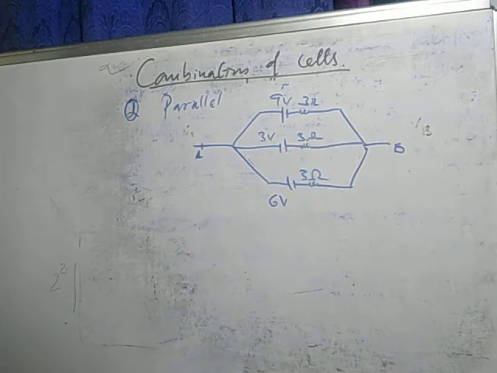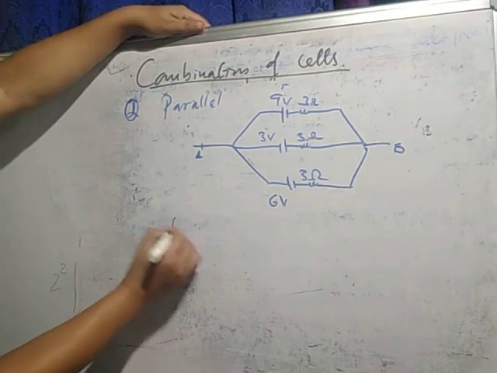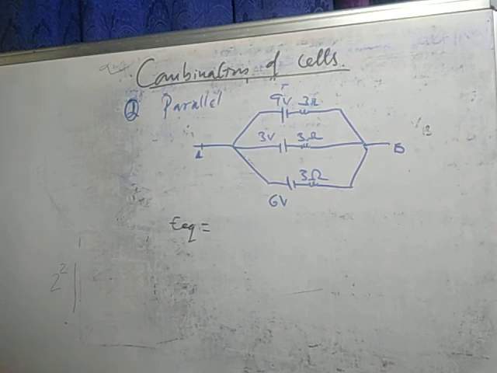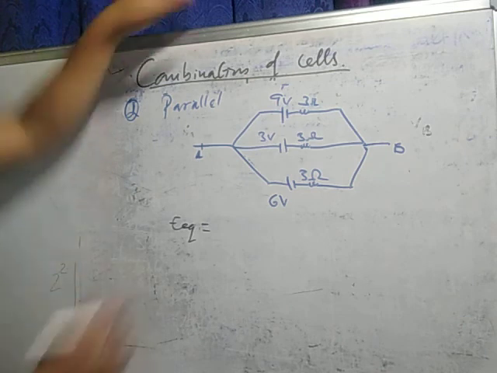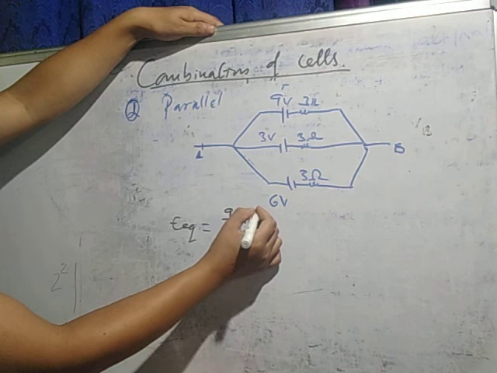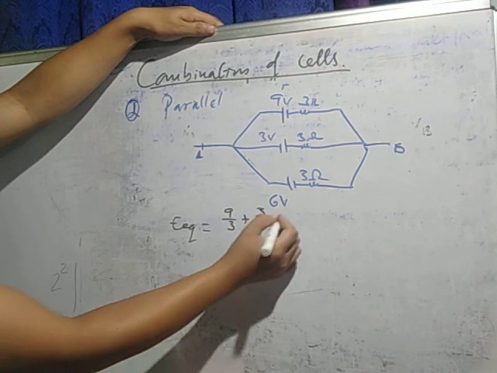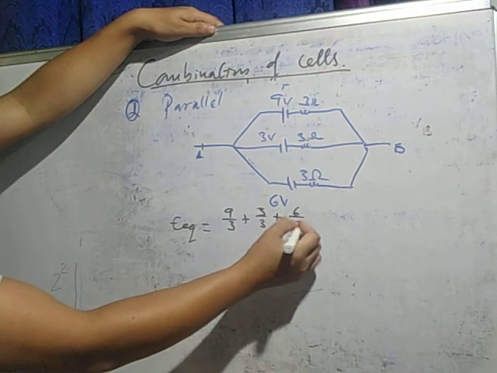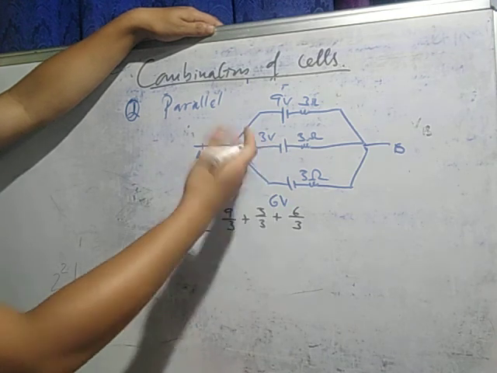Clear? So solve this first. E equivalent how much? E equivalent is your E1 by R1, isn't it? So 9 by 3 plus 3 by 3 plus 6 by 3, but the polarity is different, isn't it?